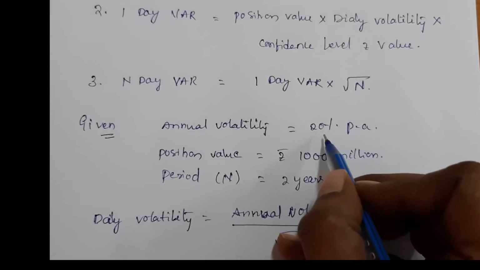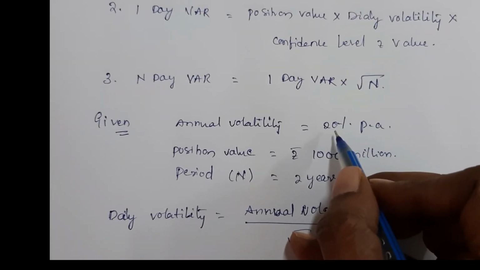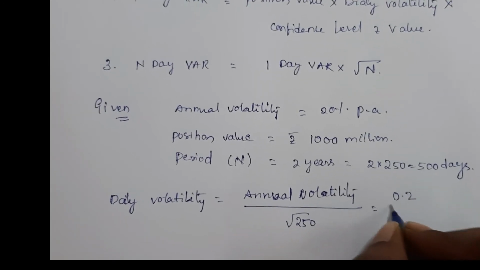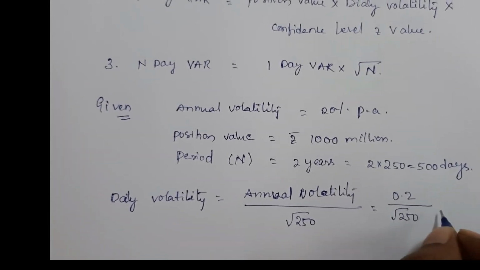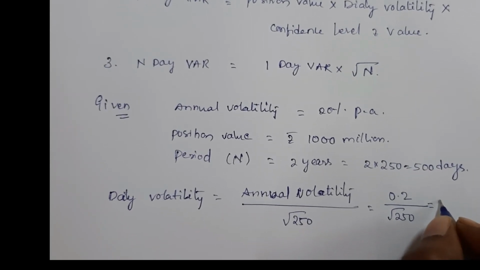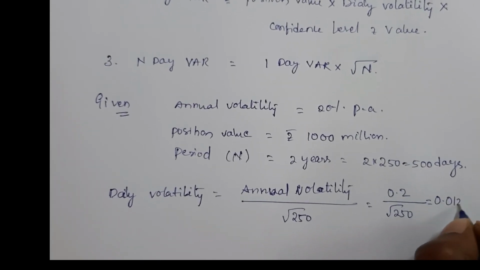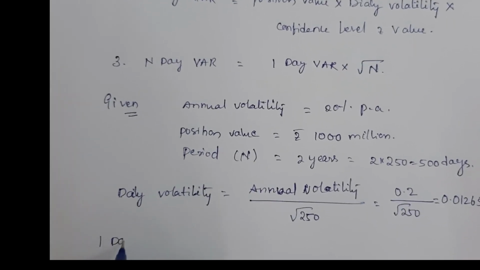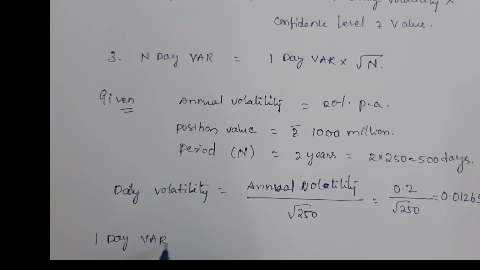Annual volatility is the standard deviation of rate of return, that is 20%, which can be written as 0.2 divided by square root 250. We'll get daily volatility as 0.01265.